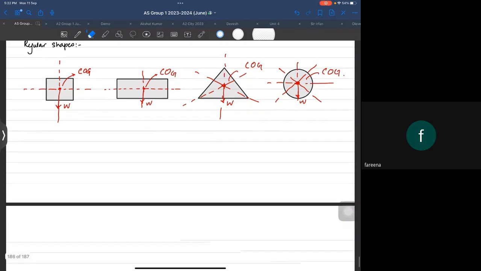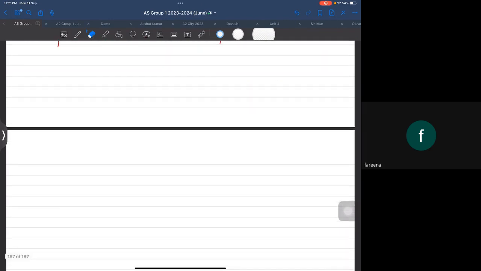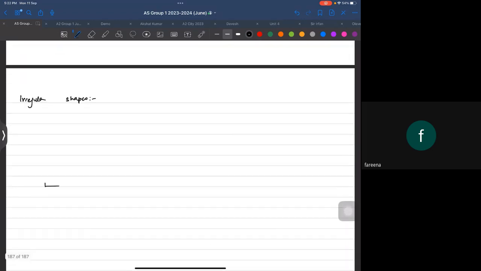Now let's talk about irregular shapes. You already have done this in IGCSE, I believe, but I just want to remind you. For irregular shapes, we have to basically place it on a stand. Suppose the shape looks like this.